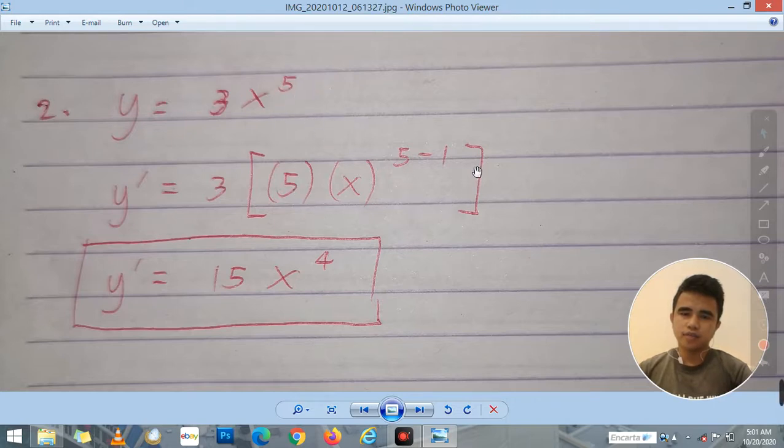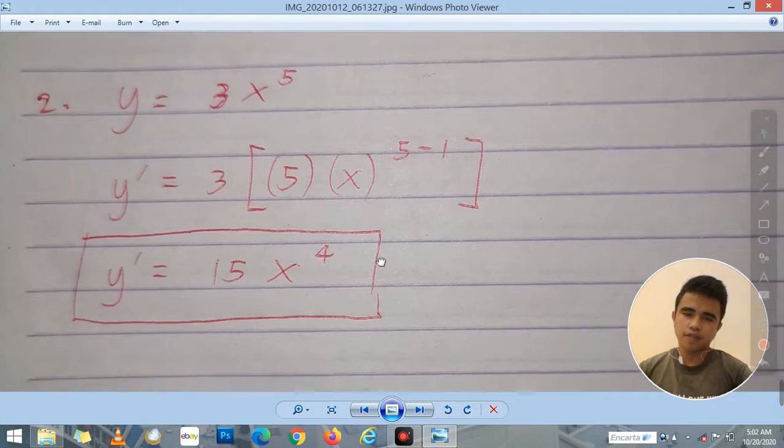Here we can use the power rule for derivative of a power. By applying the rule, you bring down 5, and then the exponent is subtracted by 1. By simplifying, we have 3 times 5 equals 15, and then x raised to 4. So our final answer, the derivative of this function, is equal to 15x raised to 4.